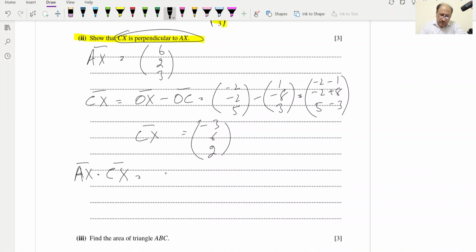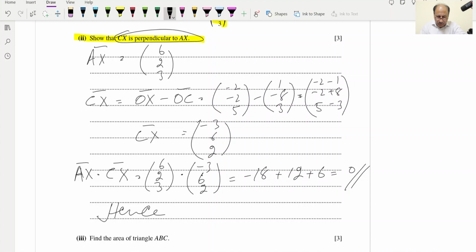AX is (6, 2, 3), and the dot product with (-3, 6, 2) is 6 into -3, which is -18, plus 2 into 6, which is 12, plus 3 into 2, which is 6. This equals 0. So hence perpendicular, hence CX is perpendicular to AX, as mentioned in the question. This is done.